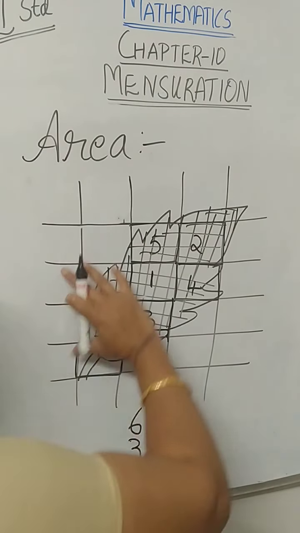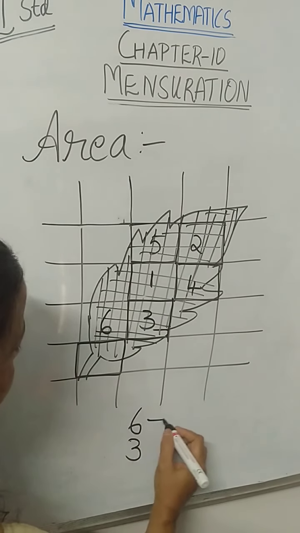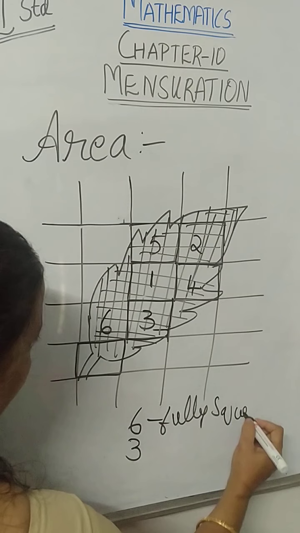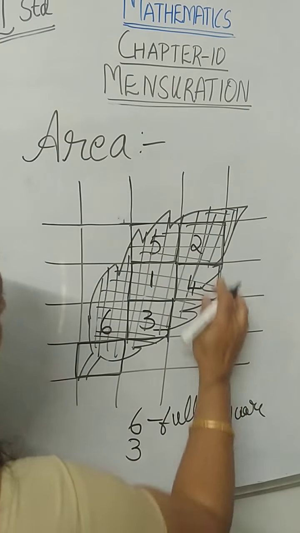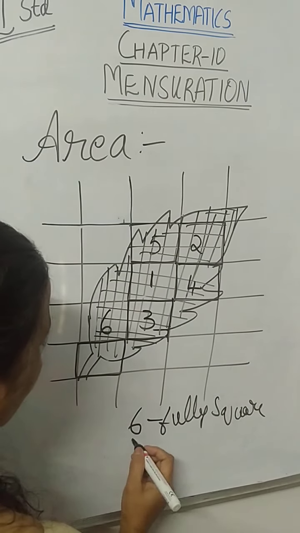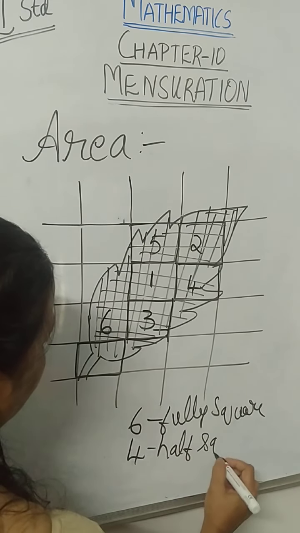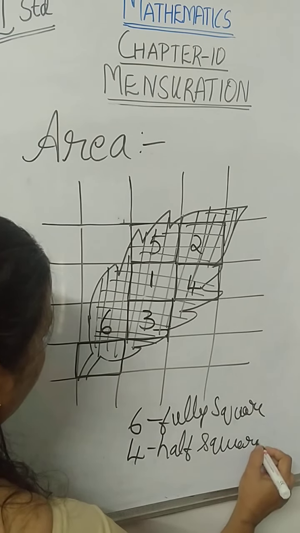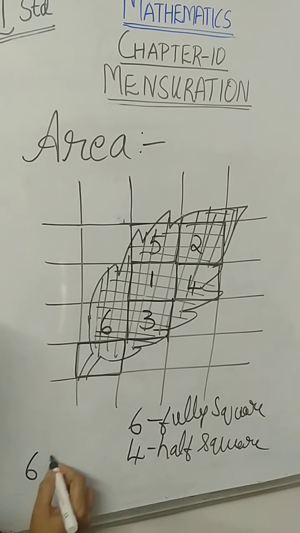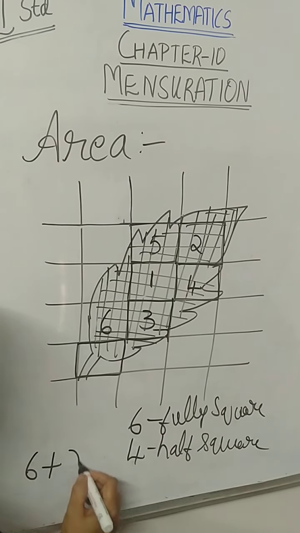So totally the leaf has covered 6 full squares, and see here, look here, here also it has occupied half, so we can take it as 4 half squares. So if you want to tell the area of this leaf, it is 6 plus these 4 half squares, which can be taken as 2 full squares.